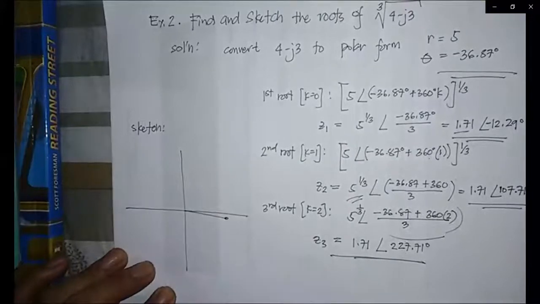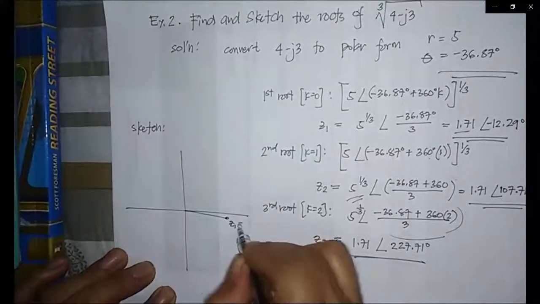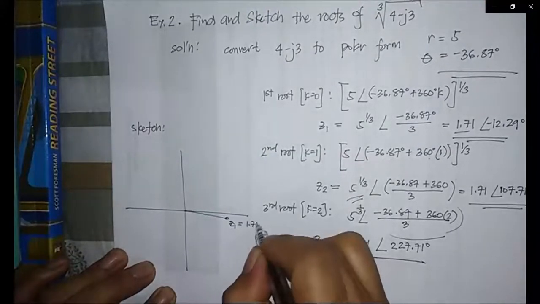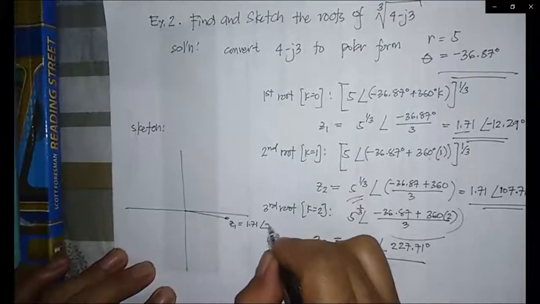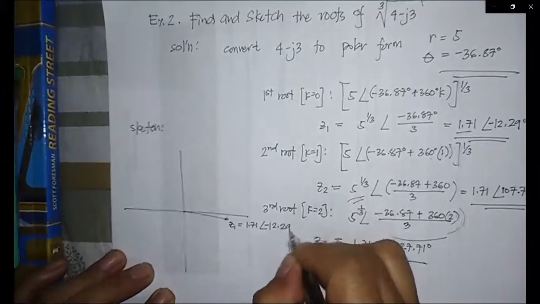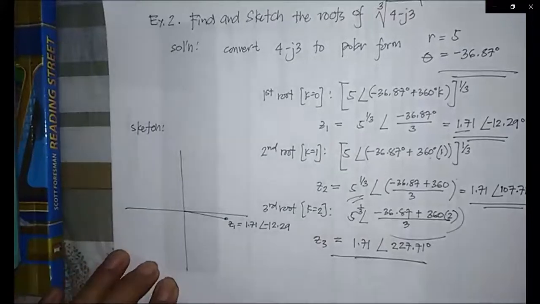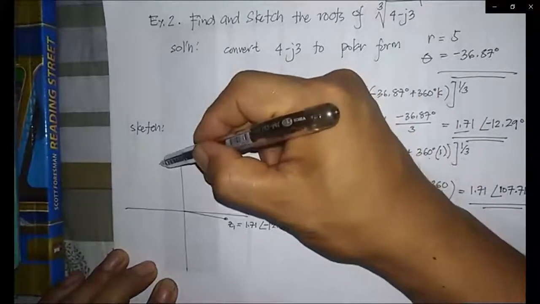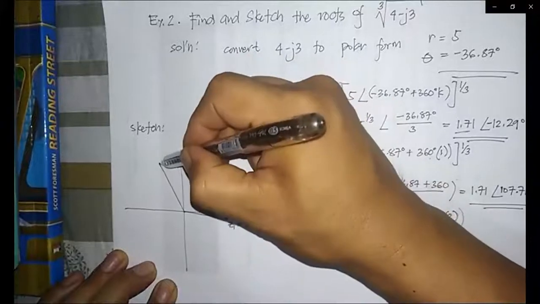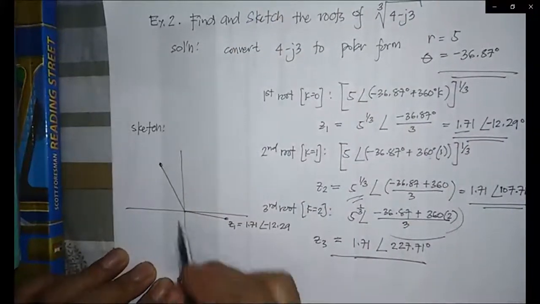Plot the principal root, that is Z1, which is below your 0 degrees, at negative 12.29 degrees. Now plot next Z2, equal to 1.71 angle of 107.71. That will be your Z2.